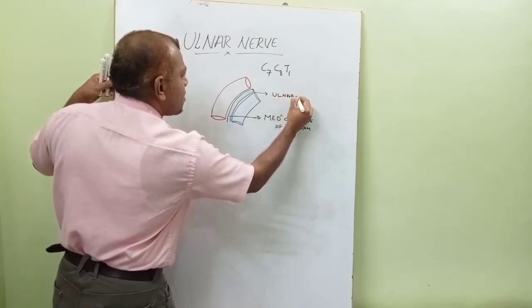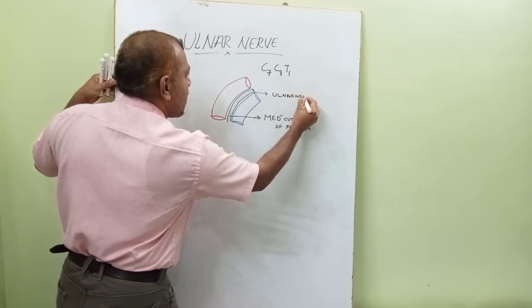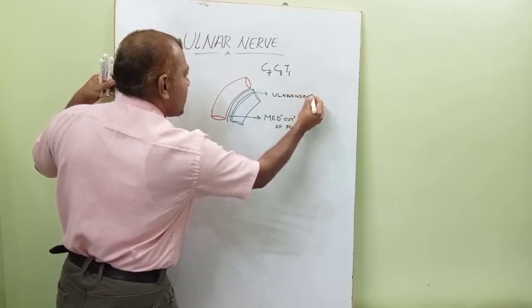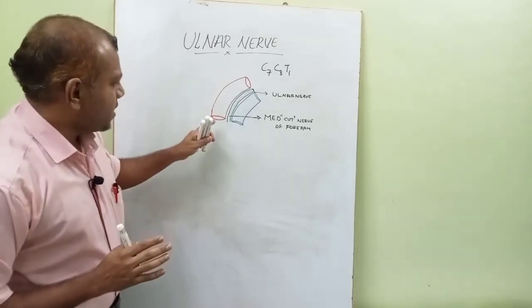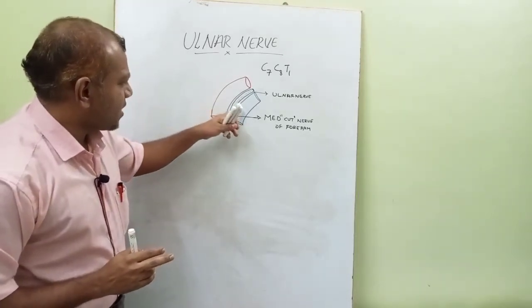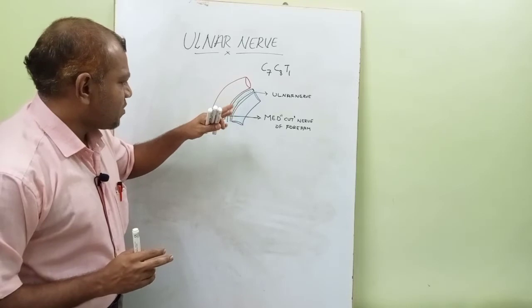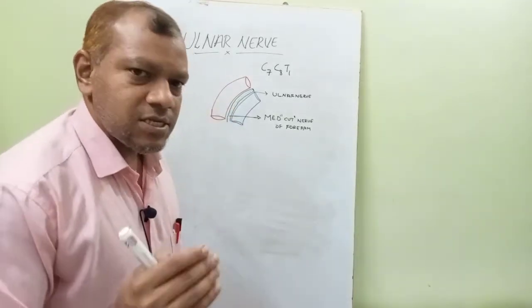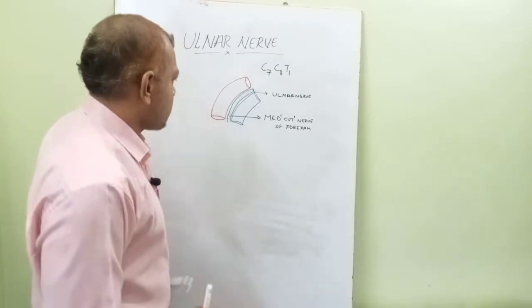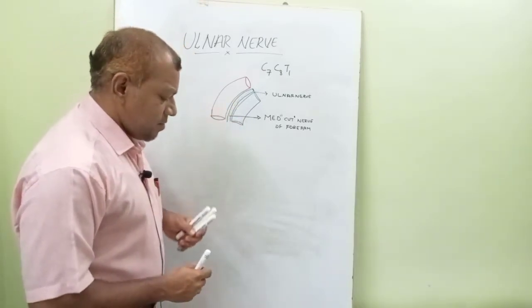So this is the origin and the course of the ulnar nerve in the axilla. In the axilla, between the axillary artery and the axillary vein, this ulnar nerve is present deep to the medial cutaneous nerve of the forearm. That is about the course of the ulnar nerve in the axilla.